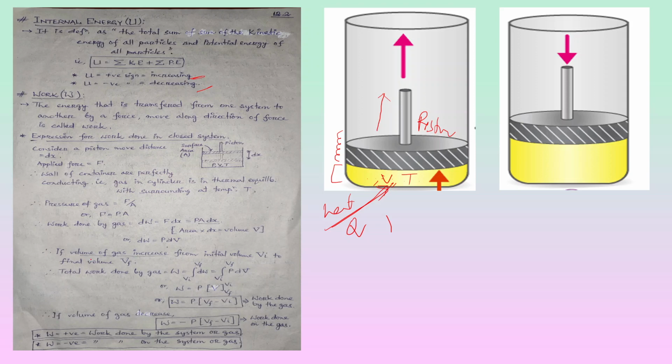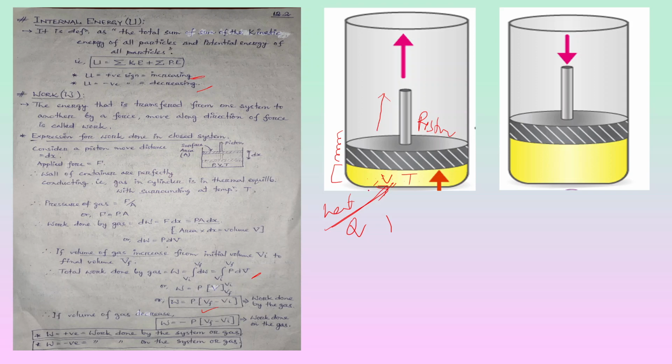Now if the volume of gas increases from initial V1 to final volume V2, then we get this relation. After solving we get this one. Then this relation represents the work done by the gas, and due to work done by the gas we observe that the volume will increase.